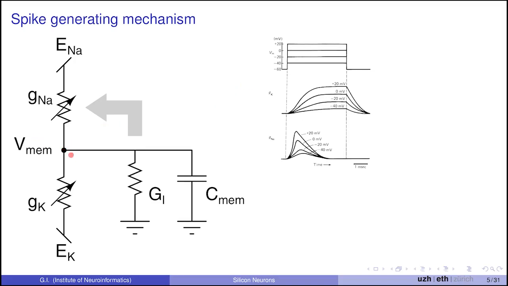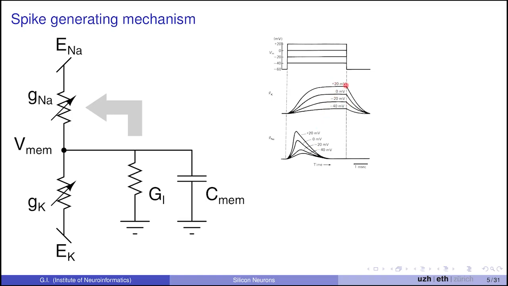So if you have a step, this just goes up, it will then turn on the channels. And I told you sodium is faster, sodium turns on fast, so there is enough time for the current to go into the capacitor. The membrane potential goes up, it spikes, and then after some time, potassium turns on, it's slower, and sodium switches off because of the sodium inactivation channels.